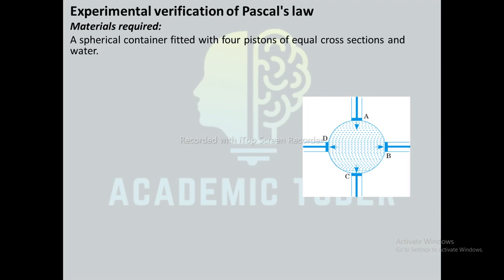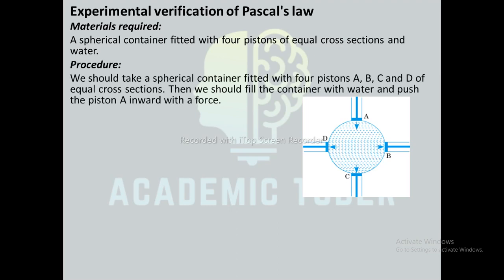The 4 pistons are piston A, piston B, piston C, and piston D. Procedure: we should take a spherical container fitted with 4 pistons A, B, C, and D of equal cross sections. Then we should fill the container with water and push the piston A inward with a force as shown in the figure. The arrow represents the direction of force.